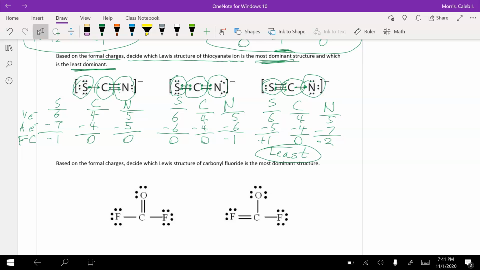So nitrogen is the most electronegative element. So since nitrogen is the most electronegative element of the three, we want to pick the one that has a negative charge on nitrogen. That would be this one, because the negative charge is on nitrogen. So this is the most favorable, the most dominant structure.